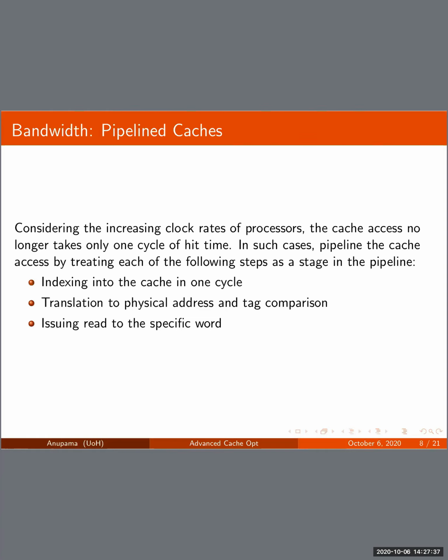You would like every stage to take only 1 clock cycle, because then every clock cycle, every instruction moves forward to the next stage. So you have an ideal pipeline where every cycle you will get 1 instruction completed. And the clock cycles per instruction will tend to be 1.